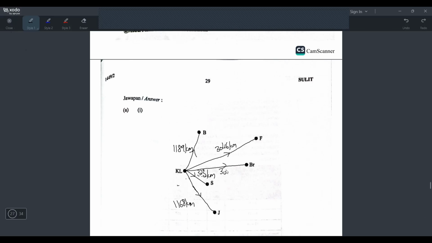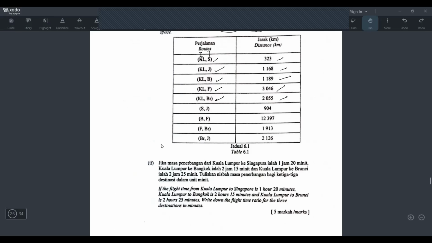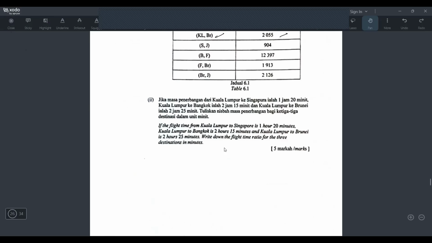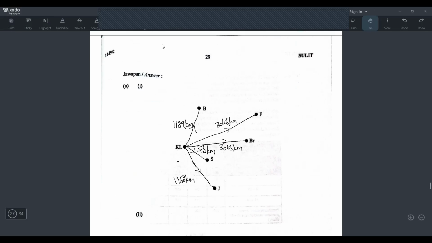Let's check. KL to Brunei, 2055. Sorry, 2055. So 2055 kilometers. Okay, make sure we label nicely.